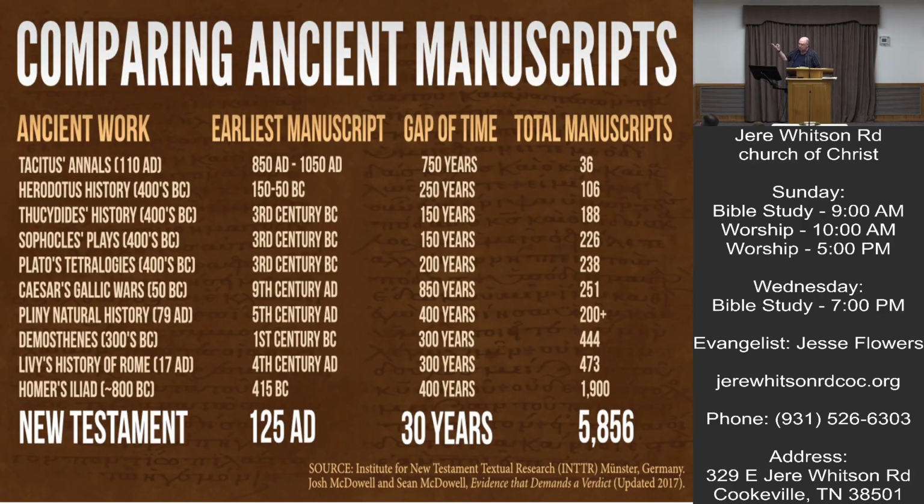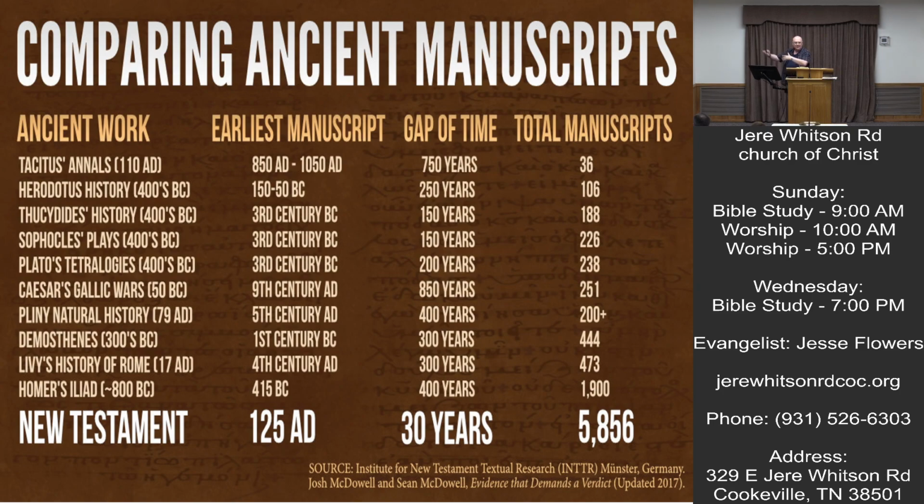Now, you've seen this chart before, and I throw it in here at this part just to keep us going in this direction. Remember, all of these other things that are listed up here, these great ancient works, Caesar's Gallic Wars.